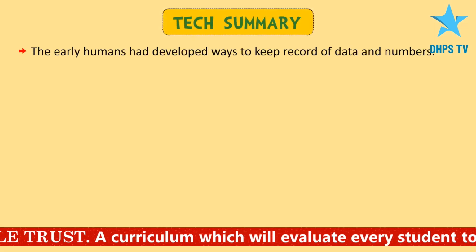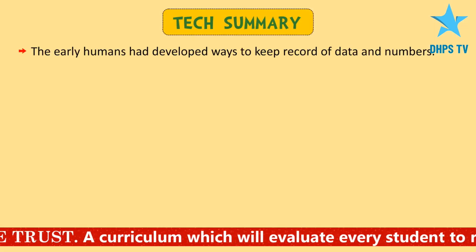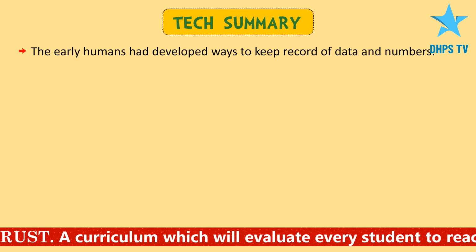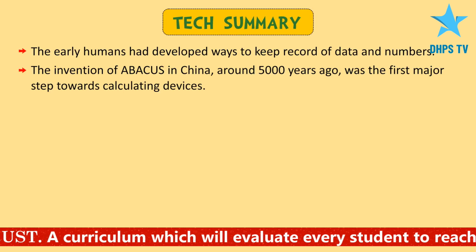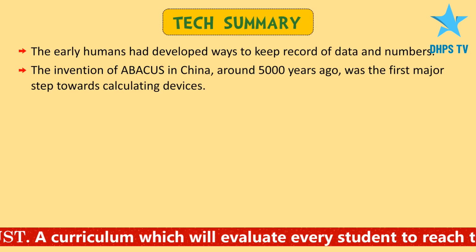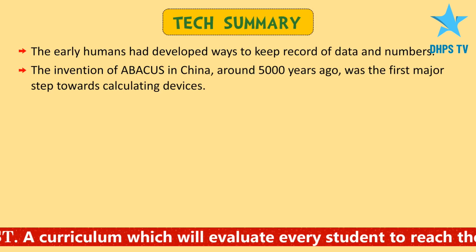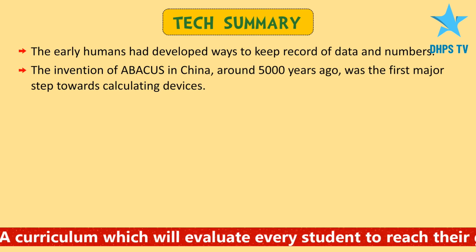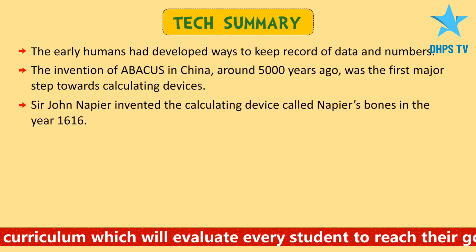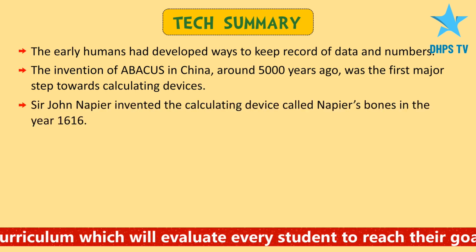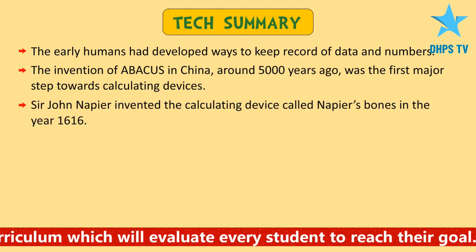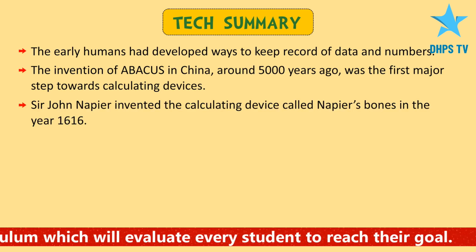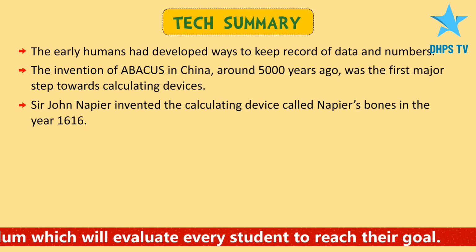Text summary. The early humans had developed ways to keep records of data and numbers. The invention of the abacus in China around 5,000 years ago was the first major step towards calculating devices. Sir John Napier invented the calculating device called Napier's bones in the year 1616.